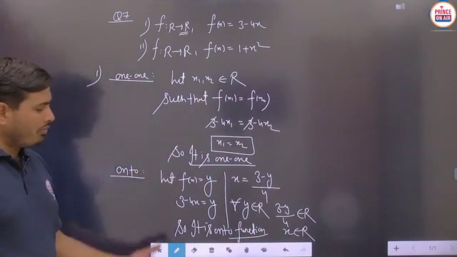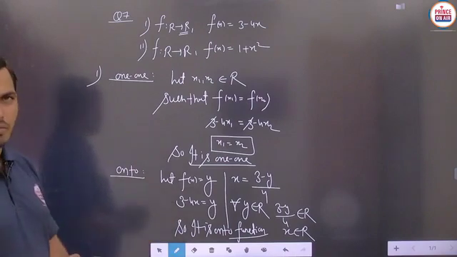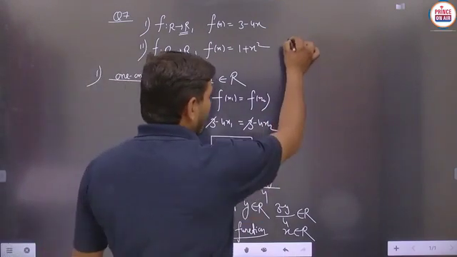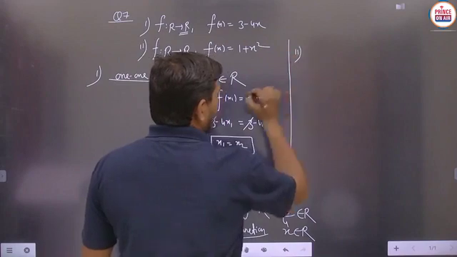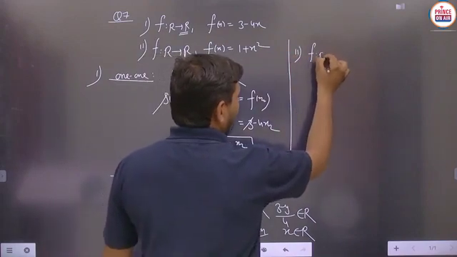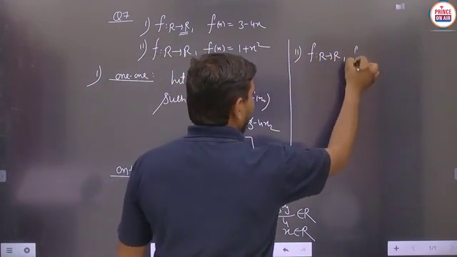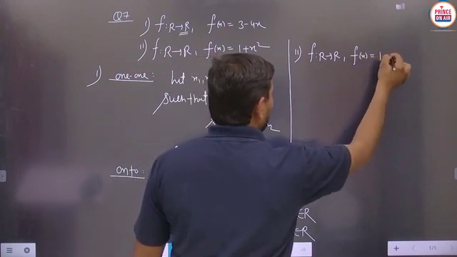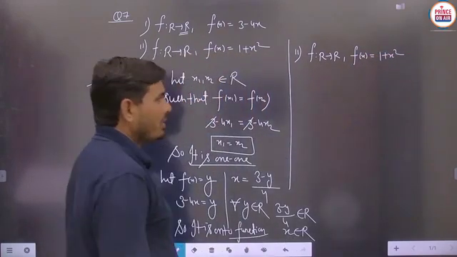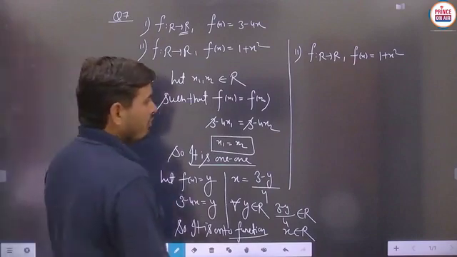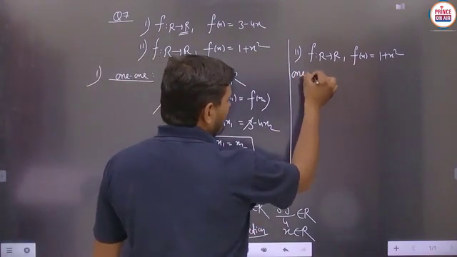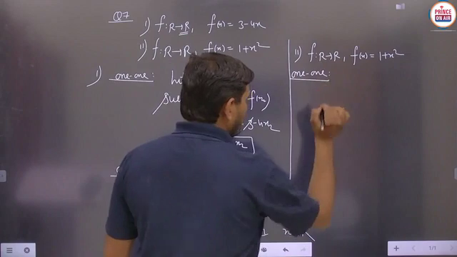So I hope that you are understanding the concept of one-one and onto. Now the second part we are taking here. The second part again is given as f from R to R, and here the function f of x is given as 1 plus x square. Is it to be clear? So no problem. Again students, we have to first check for one-one. So one-one is also known as the injective mapping.